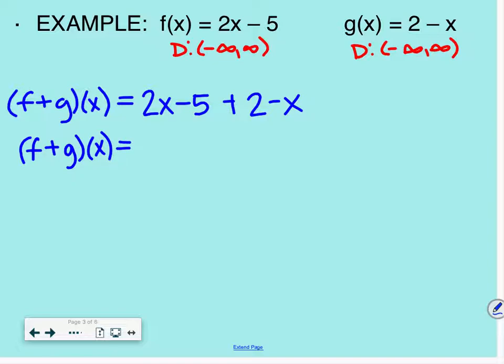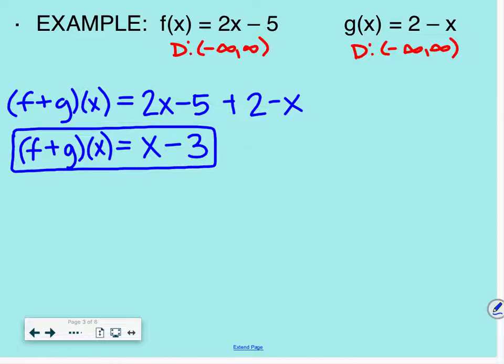Okay. What do we have? X minus 3. We combine like terms. Our sum is x minus 3. We had overlapping domains, which is all real numbers. We ended up with x minus 3, which everybody has a domain of what? All real numbers. X minus 3 is still a linear equation, so its domain is going to be all real numbers.